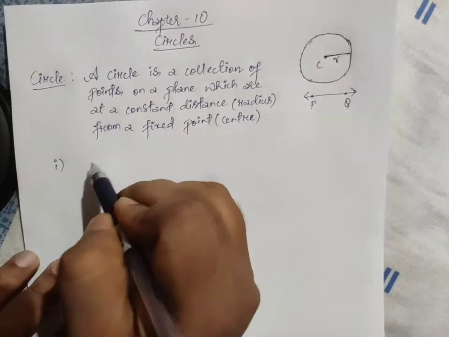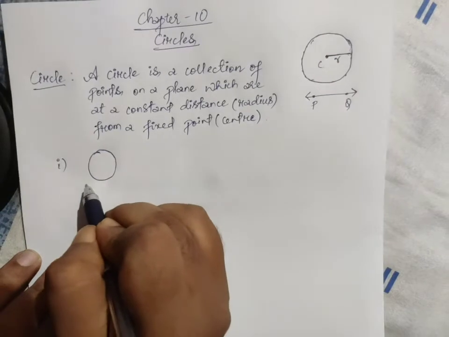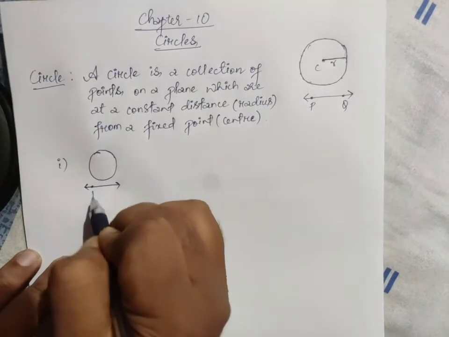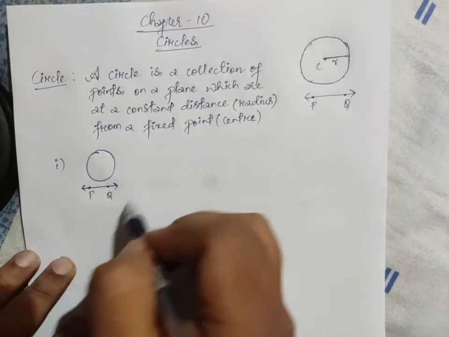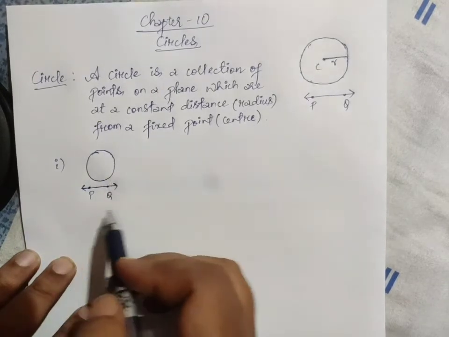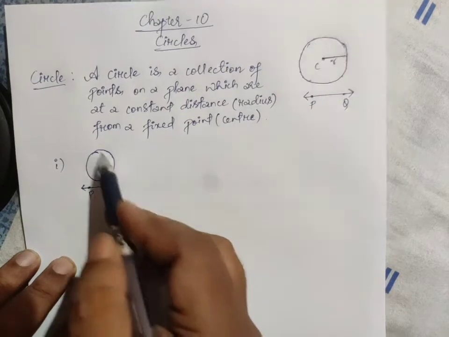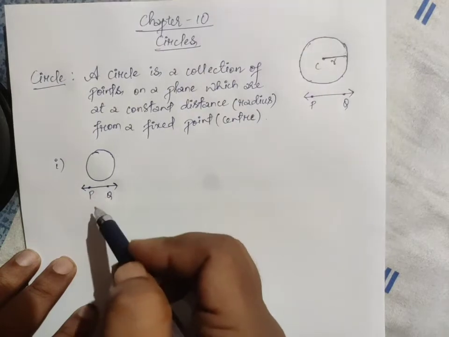You have a circle and a line, line segment PQ. In this figure you can see that the line and the circle do not have any common point. This line is not intersecting the circle. So what do you call this type of relation?